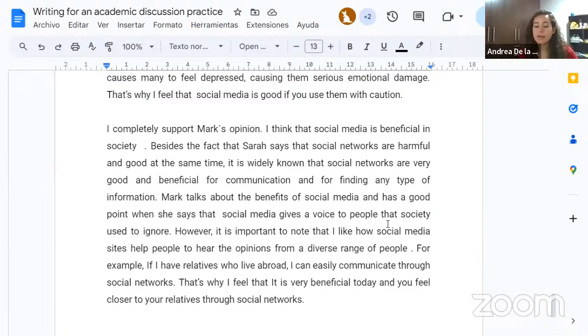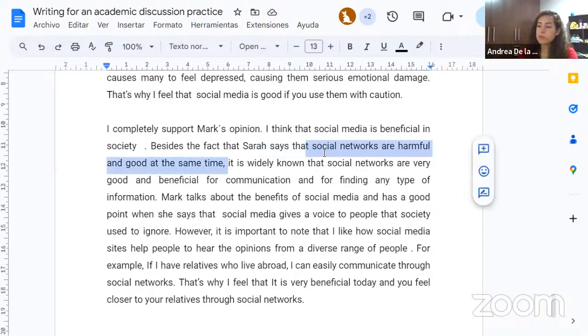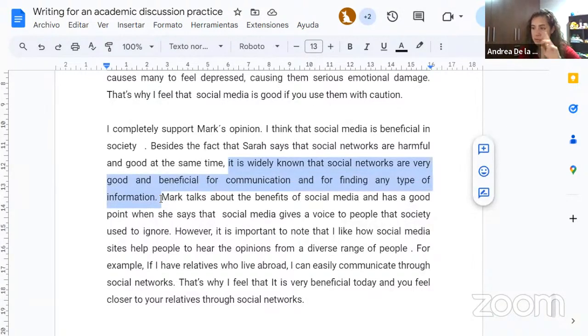Besides the fact that it helps everybody to stay connected, or besides the fact that it has given a voice to so many people, and then you have to add your own reason, right? It is widely known that social networks are very good and beneficial for communication and for finding any type of information. Great. For your own reason, first of all, I would just focus on 1, not 2.